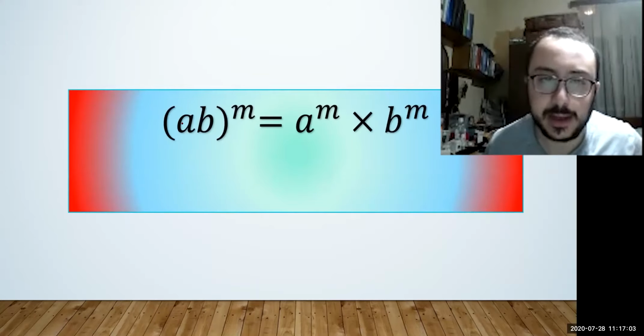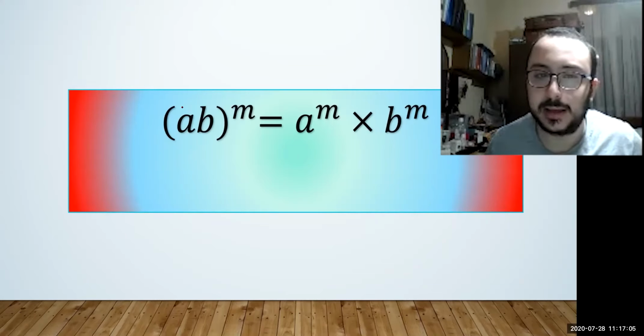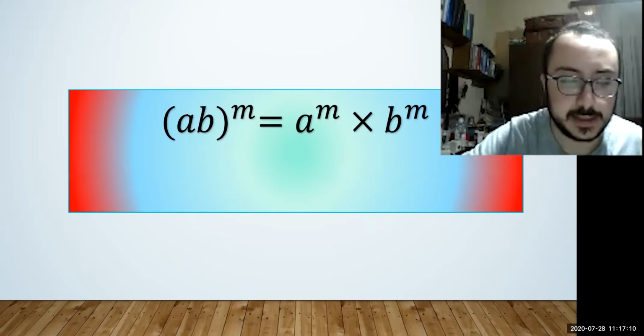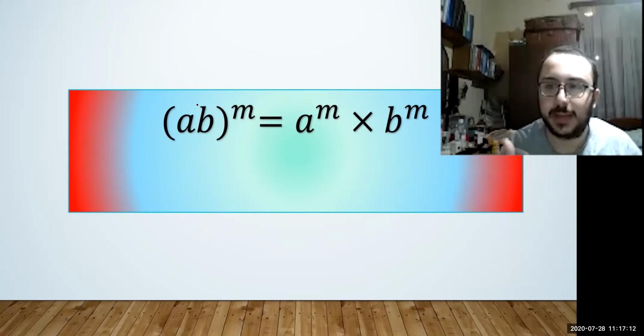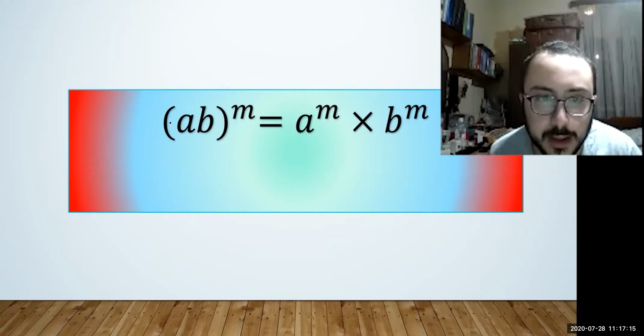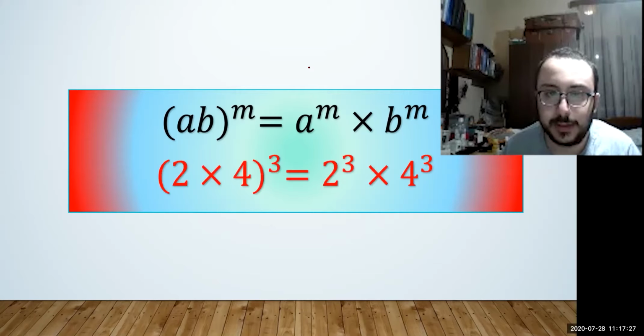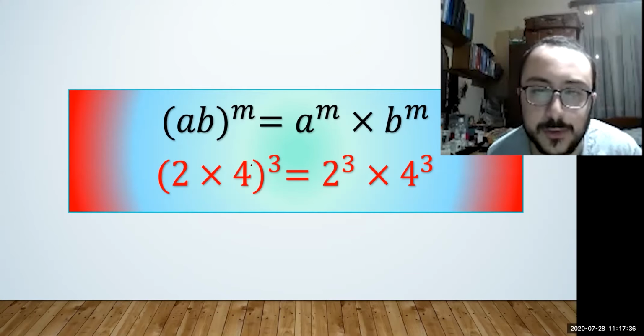Now, if we have AB power M, AB means A times B. We don't have to write the times, but if we have AB, it means A times B. If it's power M, it means it's equal to A power M times B power M. For example, if you have 2 times 4 in the bracket power 3, it's equal to 2 power 3 times 4 power 3.